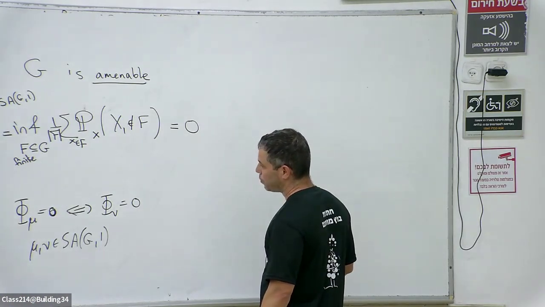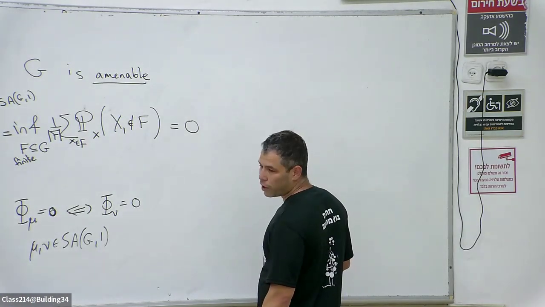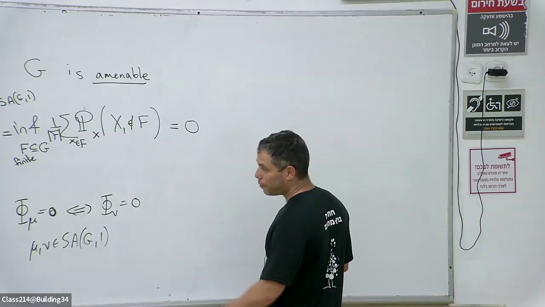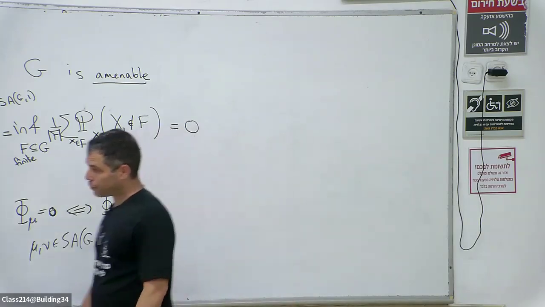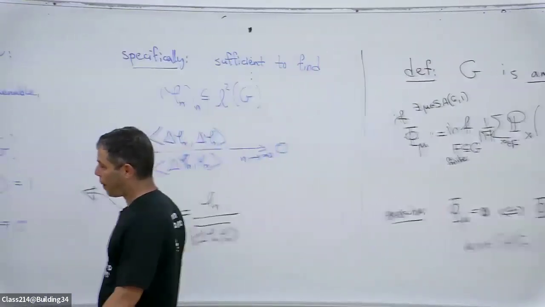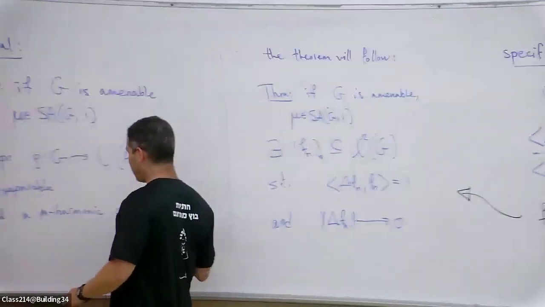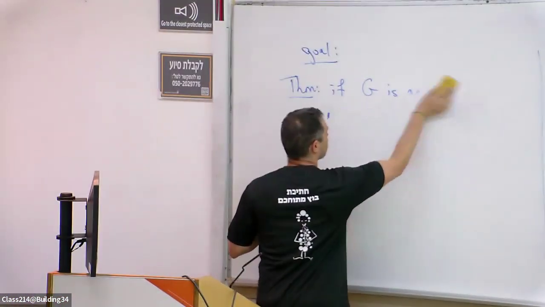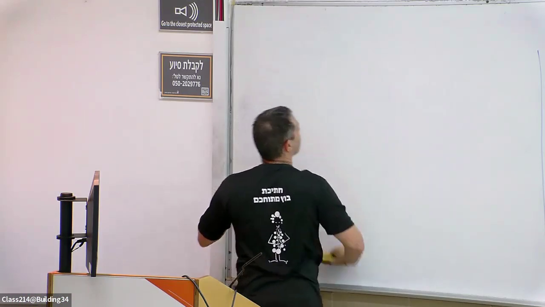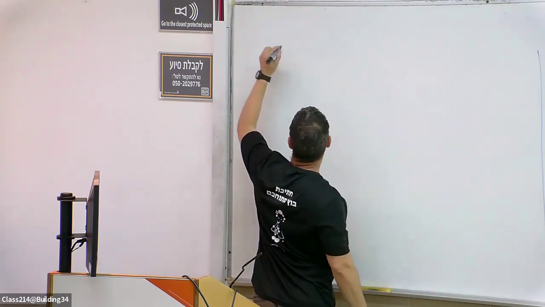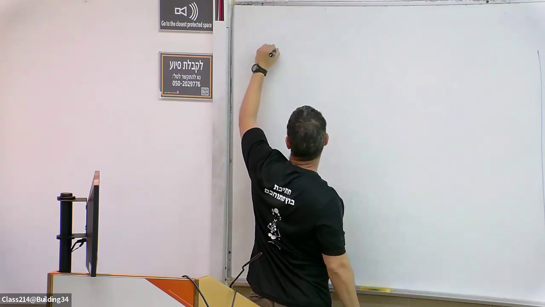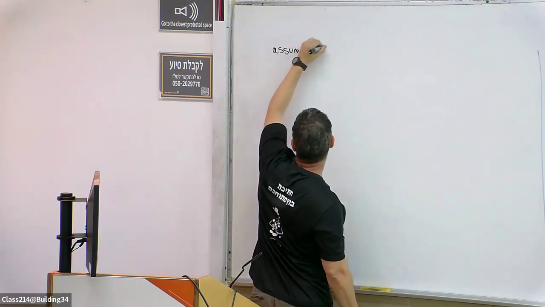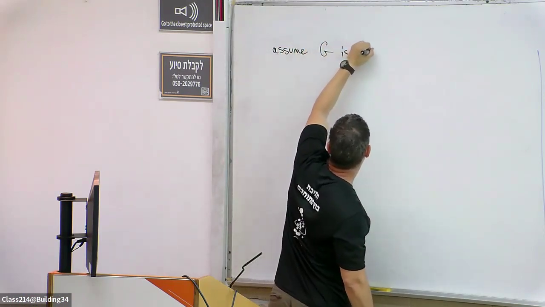So now, how will we define our approximate harmonic functions? Assume G is amenable.